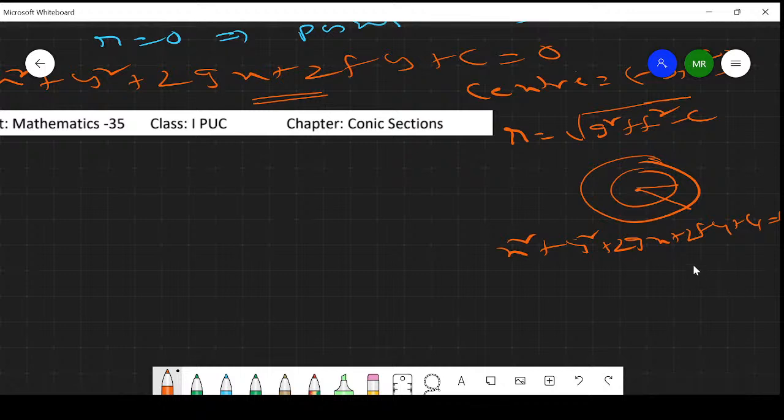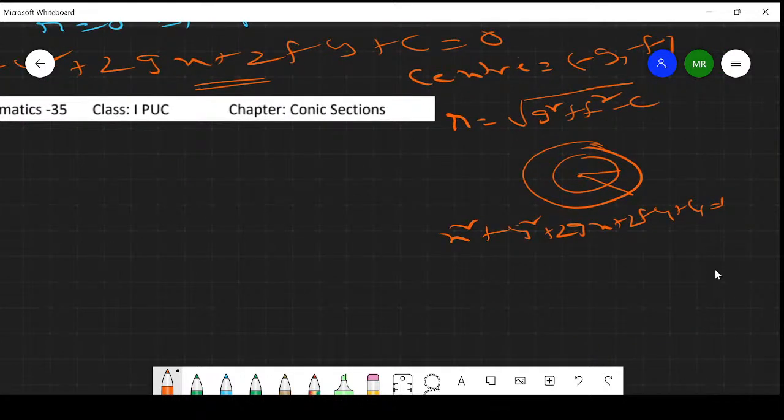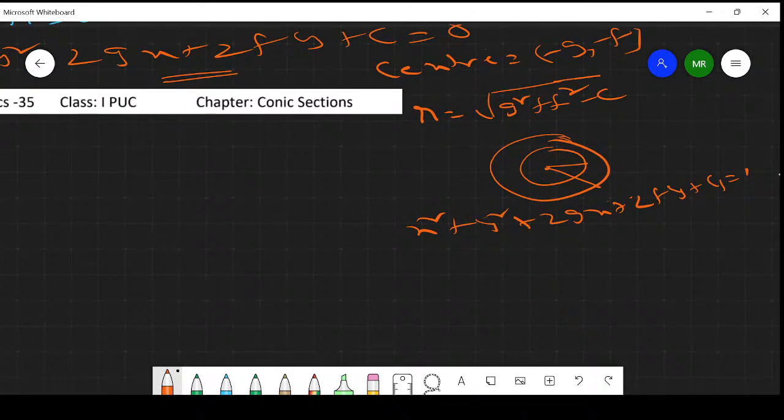When I am talking about concentric circles, they differ only in the constant. The other part will be the same. Another equation will be x square plus y square plus 2gx plus 2fy plus c2 equal to 0.